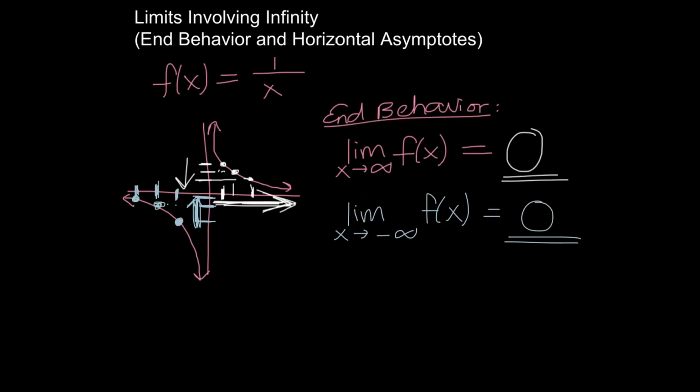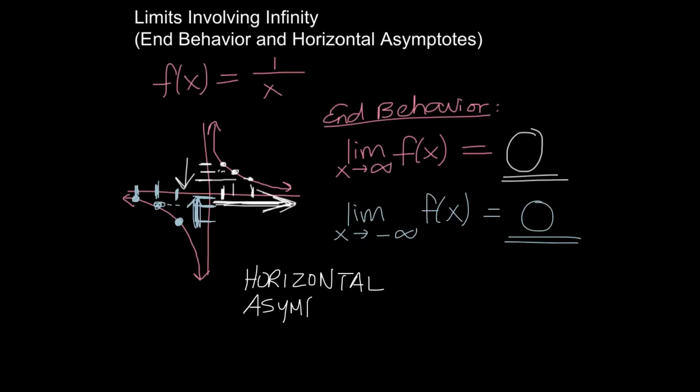values approach 0. Now, what you also notice is that if our end behavior limits are equal to a certain number, then that number is also our horizontal asymptote. So, is there a horizontal asymptote for this graph? Yes, there is.